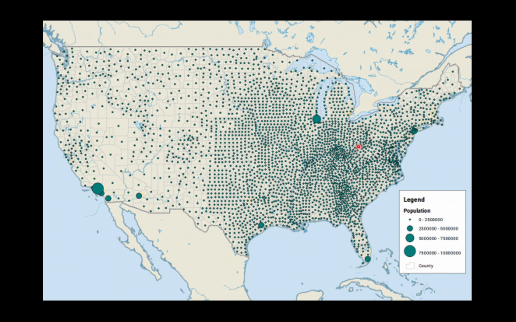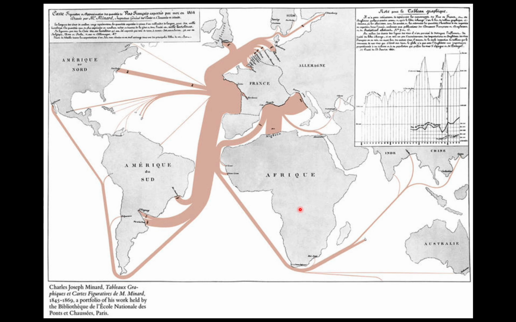Whereas the graduated or the classified symbology allows us to see the distribution of the data a little bit more, right? We can see that there's a whole bunch of different counties that have this similar classification of less than 250,000 people, and then fewer counties that have the various stages of the classes that we've decided. And like I said, we can use this for line data as well.